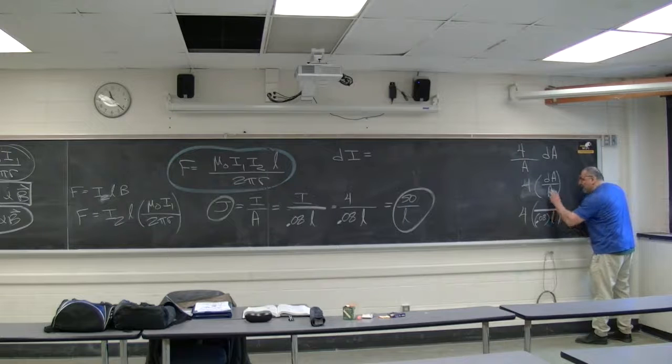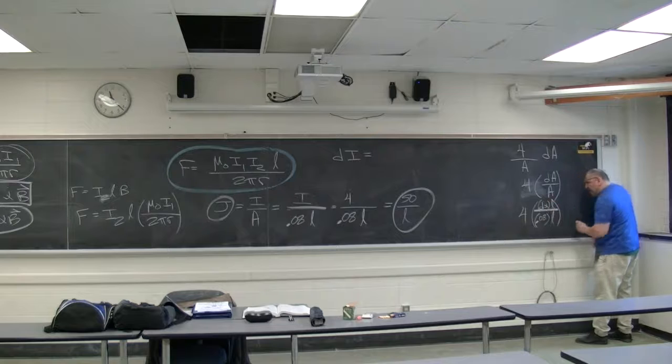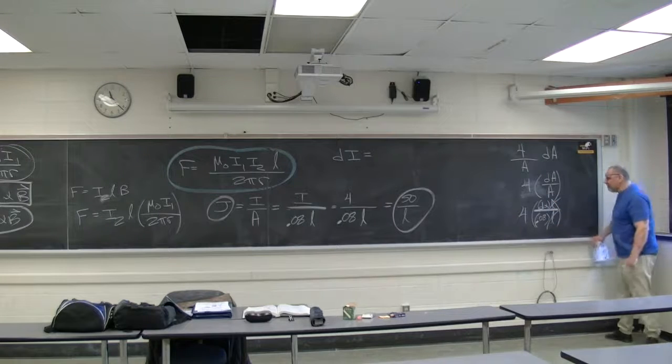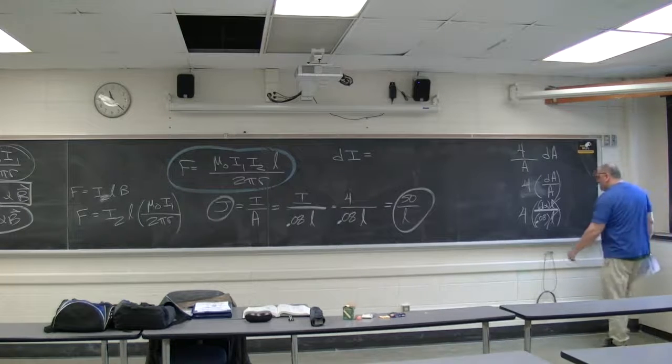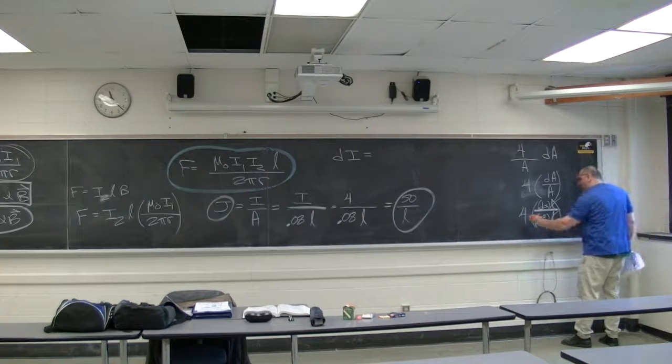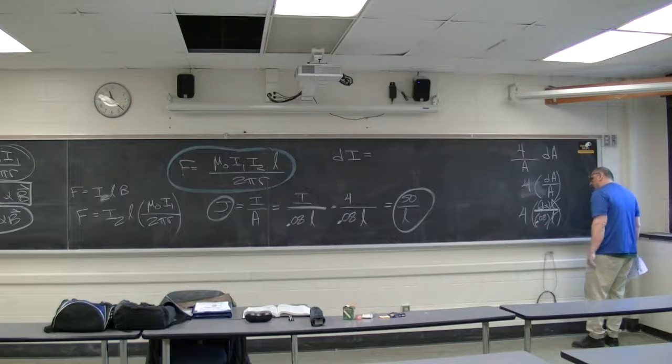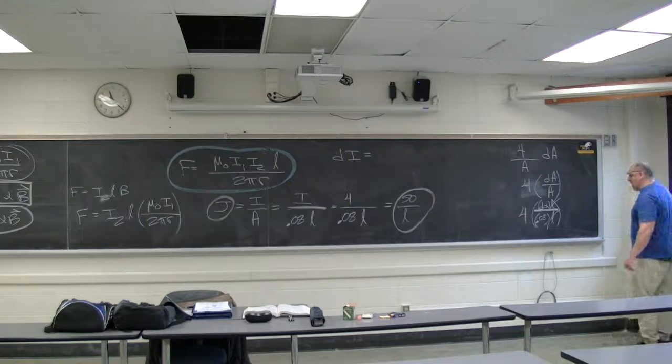And the other one, the dA, is dx times L. The L don't mean a whole lot. You can take them out like that, and then you can say, wait a minute, what's 4 divided by 0.08? Well, when you actually do it, it's going to be 50.